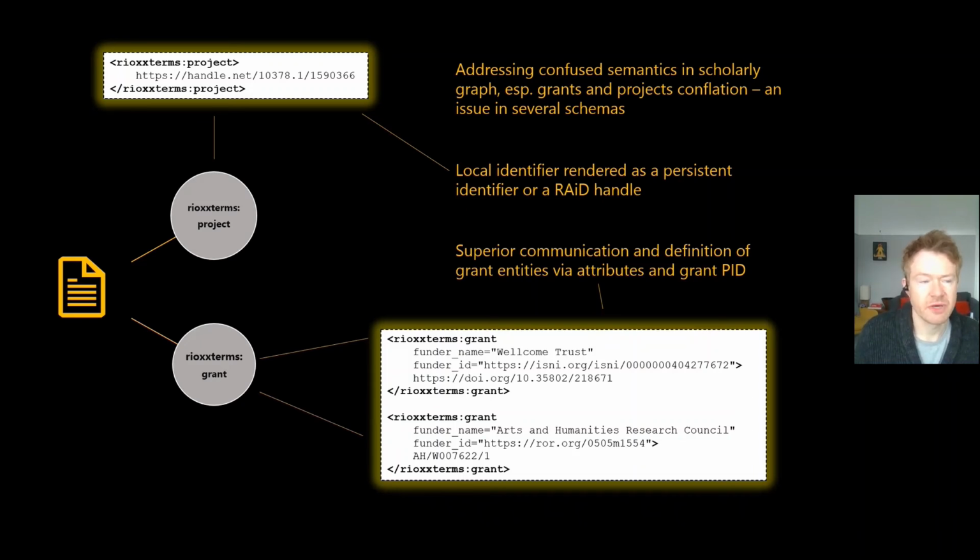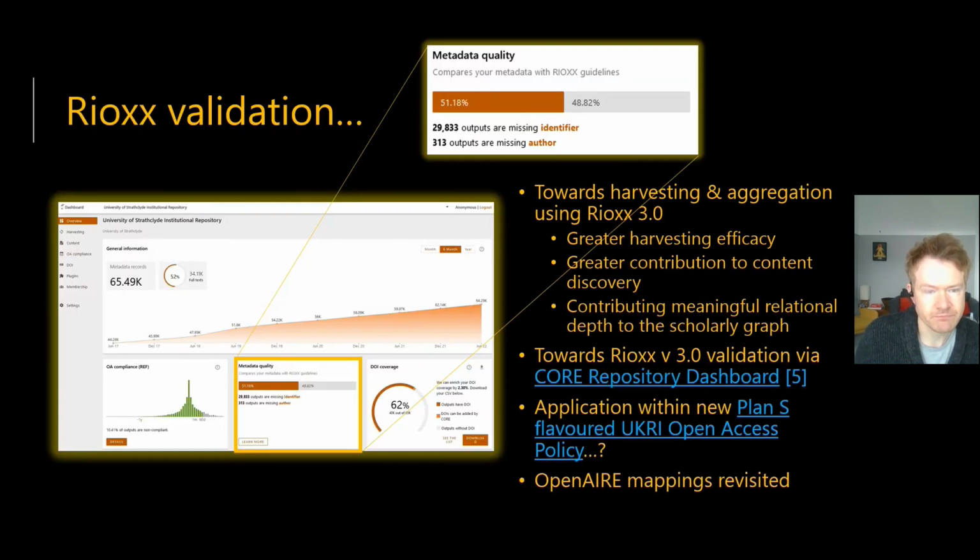And it's also an issue that I think has gained wider recognition with the Research Activity Identifier scheme, which has really highlighted that projects can last for many, many years and receive many, many grants. And so this is something that is separated out in Rioxx, and there's superior communication and definition of grant entities via the attributes and the grant PIDs.